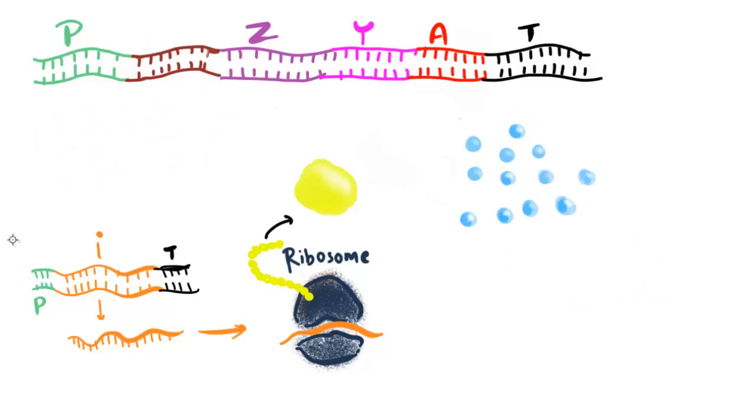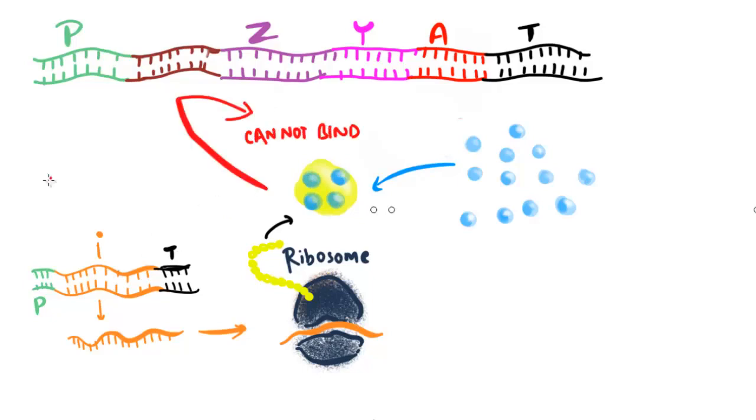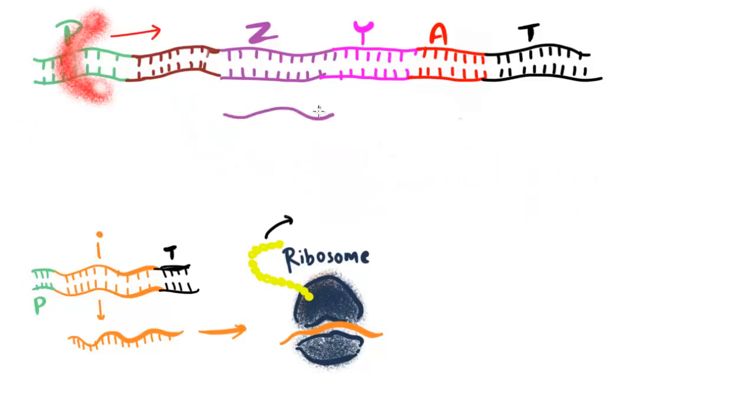Then lactose can bind onto the repressor protein, and now the repressor protein is unable to bind to the operator. Then RNA polymerase can jump onto the promoter and transcribe the gene. After the transcription of the ZYA gene, it terminates at the terminator.